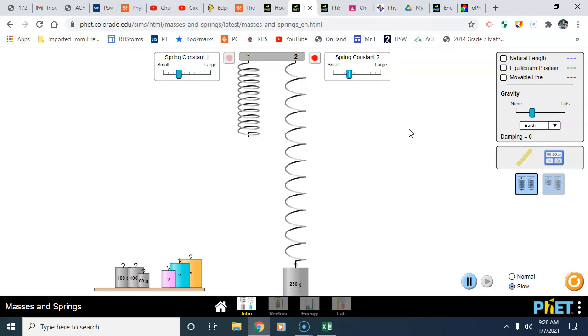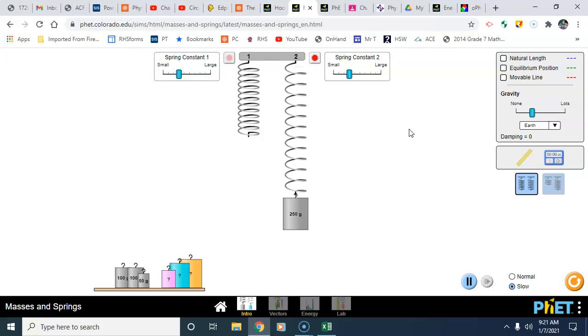Okay? And one thing to note, because I don't think I said this yesterday: Hooke's law is good as long as you don't overstretch a spring. If you overstretch a spring, then you could deform it, and it changes its spring constant value out of whatever constant it was, and it damages the spring.